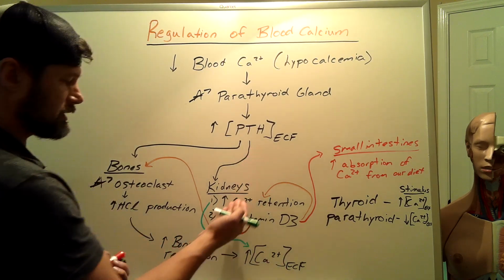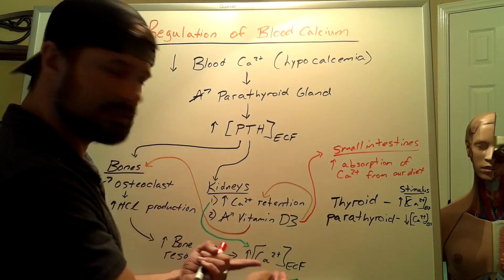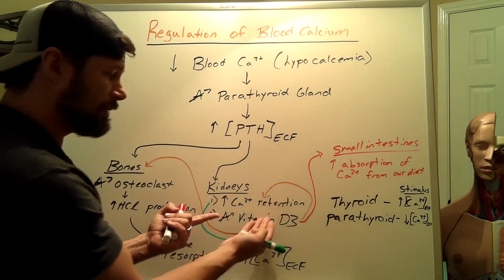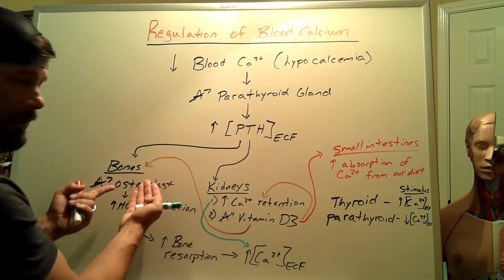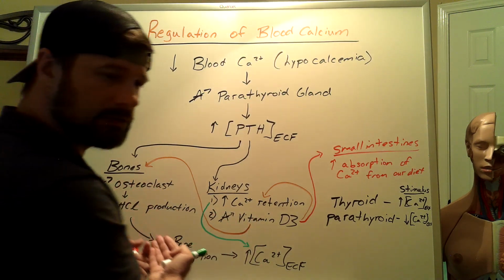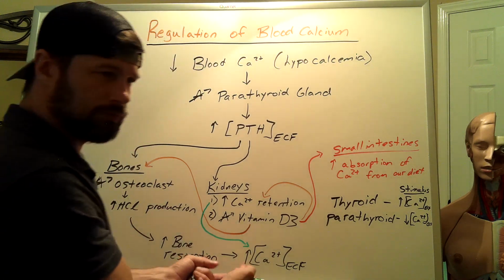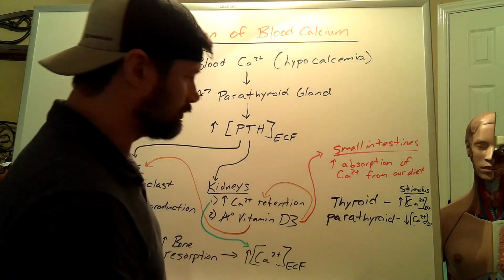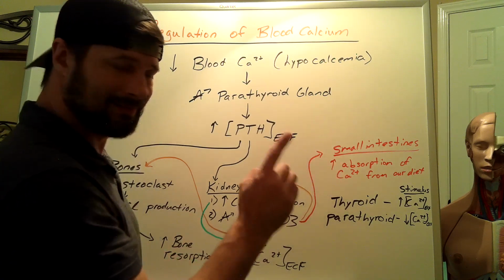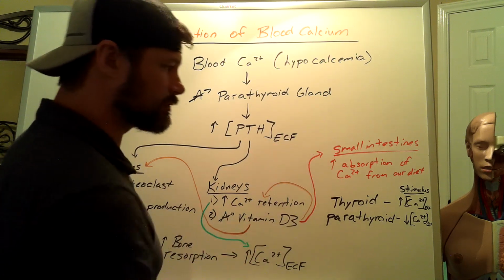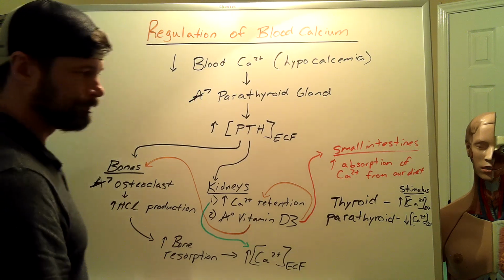So now the PTH comes down to the kidneys, it activates vitamin D3, and vitamin D3 acts back on the kidneys to help with calcium retention. It acts back on the bones to increase osteoclast activity, bone resorption, increases the amount of calcium in the blood, and last but not least, it acts on the small intestines to increase absorption of calcium from our diet.